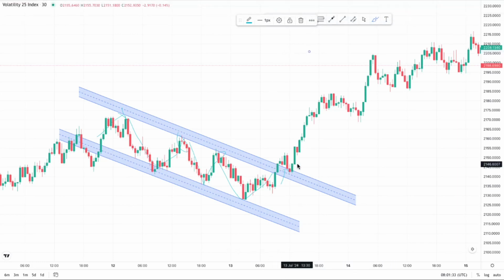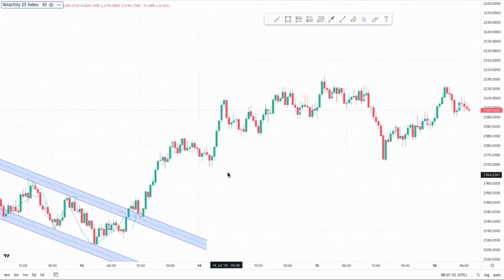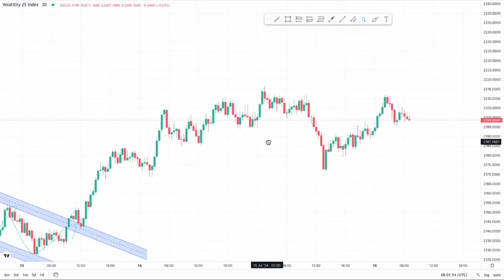We could buy here at the end of this engulfing candlestick, and you can see price shoot up. So whenever a resistance line is broken, it becomes the support, and if price comes back to it, make sure that you are looking for buying opportunities that can give you a good turnout.